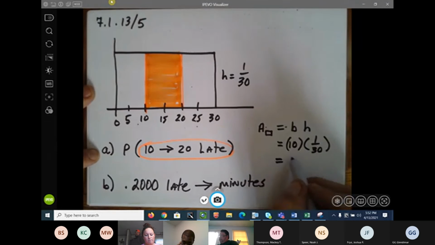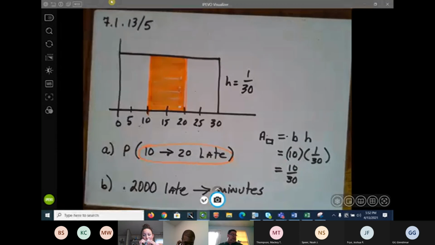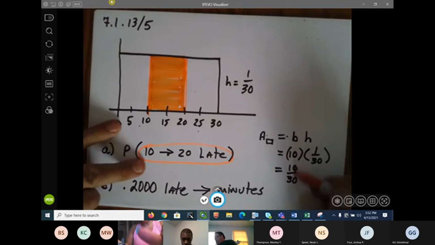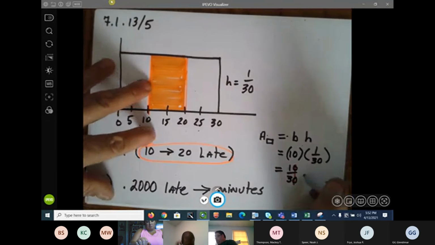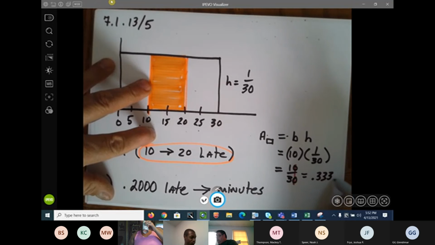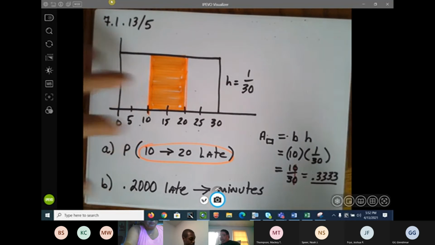And that's equal to 10/30. And I don't care how you calculate it. If you want to cancel out the zeros and make it 1/3 and then make that equal to 0.33, or if you want to take 10 divided by 30, everybody's going to get the same thing, 0.3333.